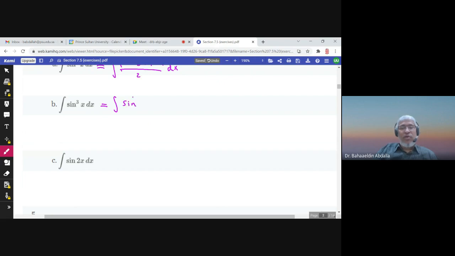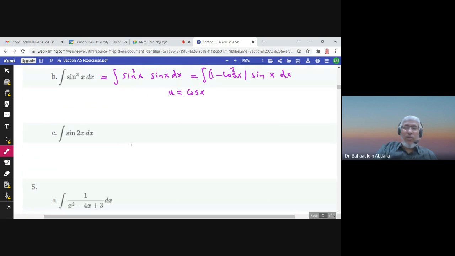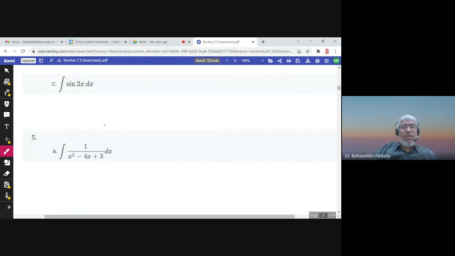To do that, I write it as sine squared times sine x dx, and then sine squared I write as 1 minus cosine squared x, times sine x, and now you take u as cosine x, and you continue the integral. For sine 2x, the integral of sine is negative cosine 2x over 2 plus c.